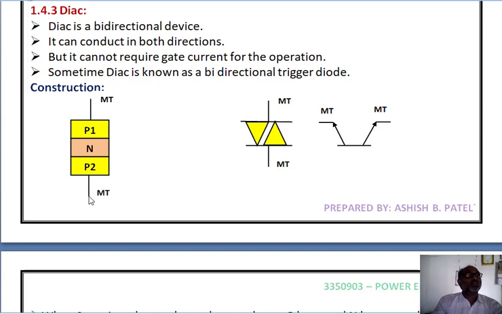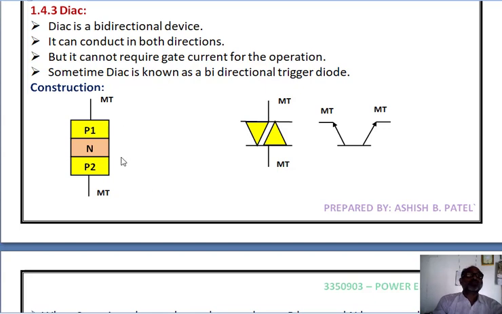So we can say that the diac is a three-layer, two-junction, two-terminal device. Generally these two terminals are denoted by MT. Sometimes we use MT1 and MT2, and some books use T1 and T2.